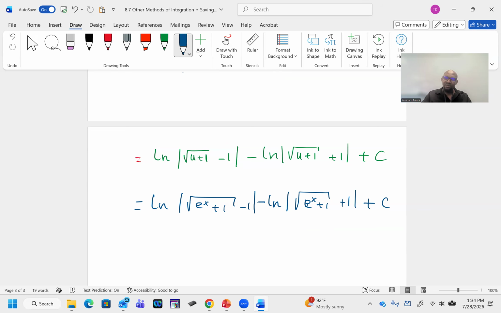And you know the ln property, so if you want, you can write it as ln of the absolute value of the quotient, square root of e^x plus 1 minus 1 divided by square root of e^x plus 1 plus 1, plus c. It's the same thing.